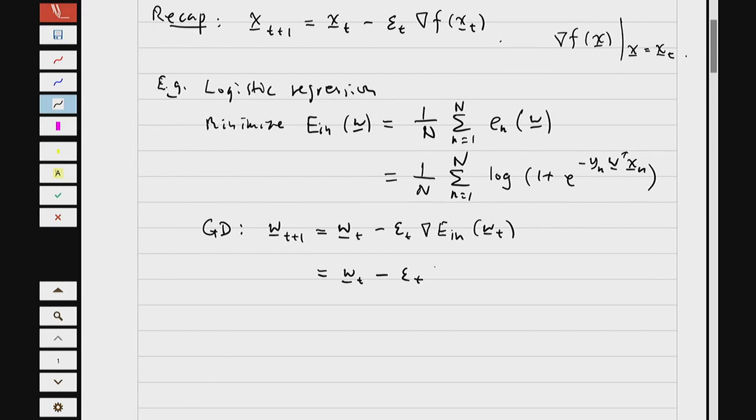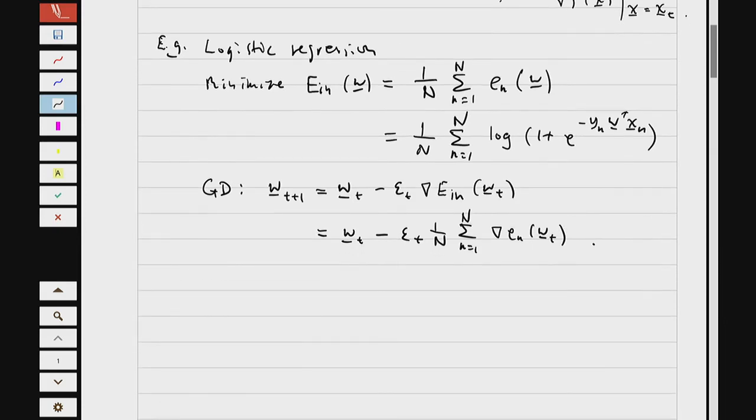So times 1 over N, and then the sum over n from 1 to capital N, the gradient of E_n at W_t. Therefore now our job is to find the gradient with respect to a single data point, the gradient of the error with a single point.